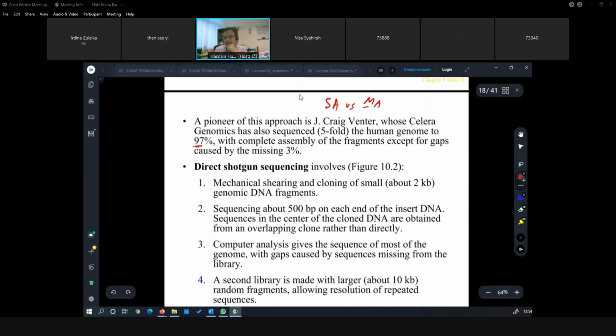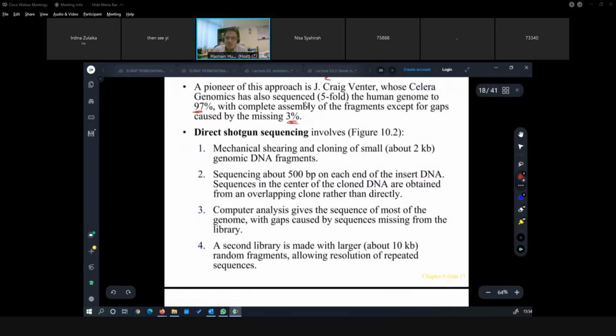Shotgun versus mapping. They also did fivefold, and there were some gaps which would be determined later on. Direct shotgun sequencing involves mechanical shearing. So what is mechanical shearing? What is shearing?